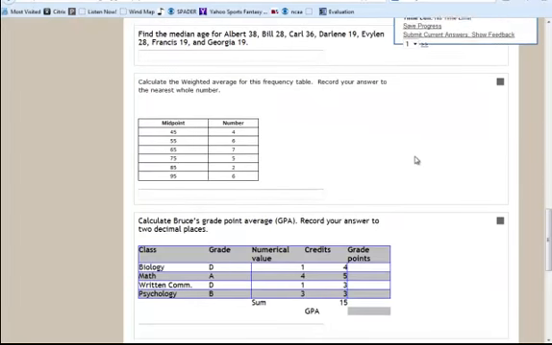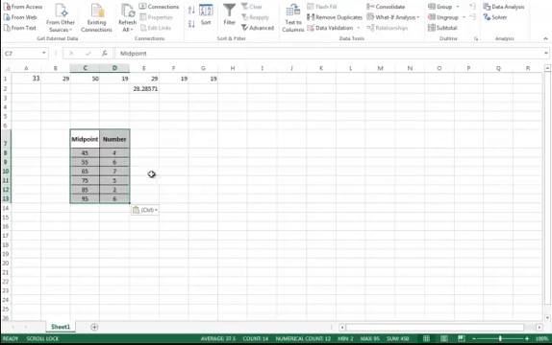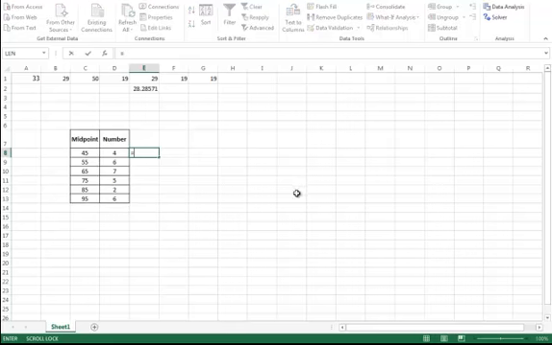Next one, calculate the weighted average. I'm going to do this the exact same way that I did that last one, where I copy the data and I'm going to put it into Excel, paste the data here, and the weighted average is you take the frequency times the midpoint of that area.